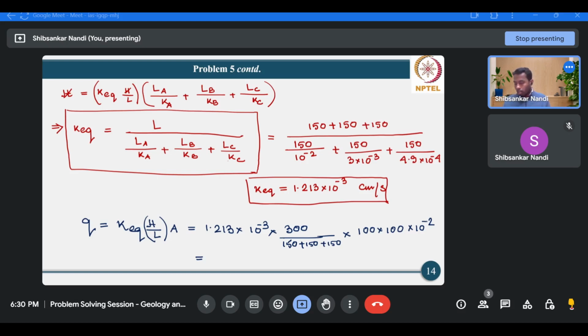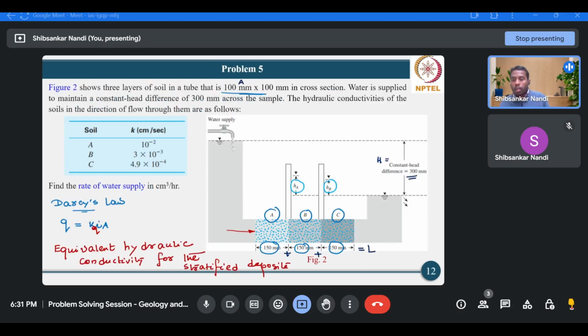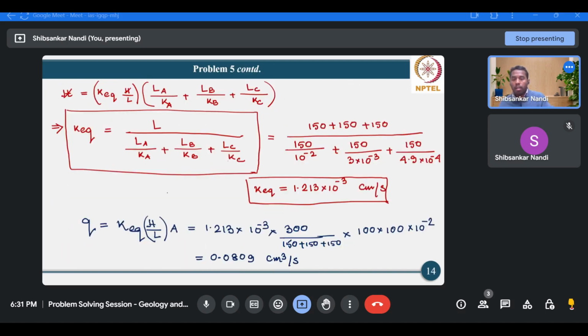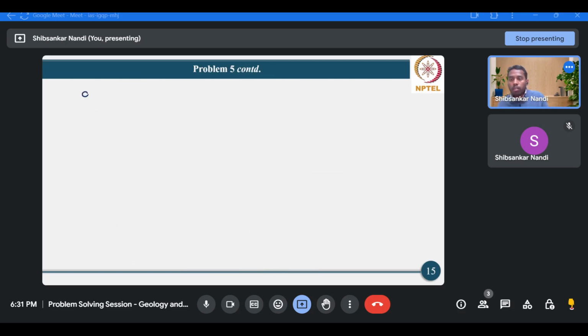So it's 0.0809 centimeter cube per second. However, we have to report the rate of water supply in centimeter cube per hour. Okay. So this is the requirement. So therefore, we have to convert the unit, centimeter cube per second to centimeter cube per hour.